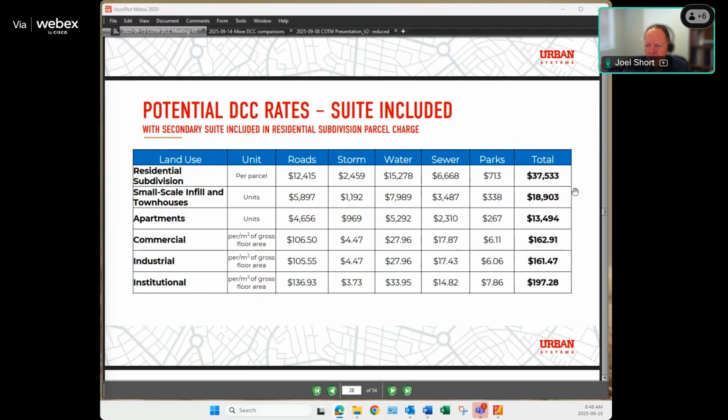Small scale infill and townhouses would be about 18,900 per unit. Apartments would be about 13,500 per unit, and commercial would be $162 per square meter, not per square foot. Industrial is about 161, and institutional about 197 per square meter.